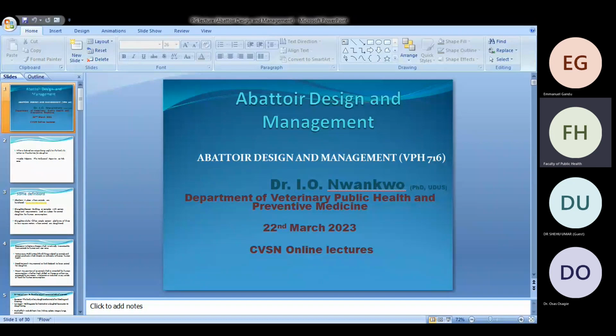There's also what we call slaughter slab. It's not necessarily a house, but a slaughter slab, often simply a cement platform of 3 or 4 square meters where animals can be slaughtered. This is obtainable in some areas where they don't have slaughterhouses, so they also operate on the level of slaughter slabs. Okay?